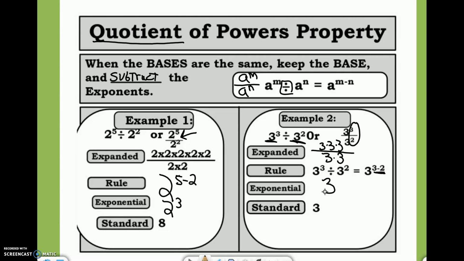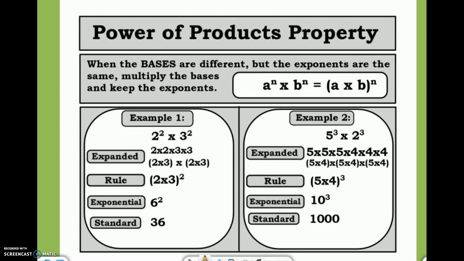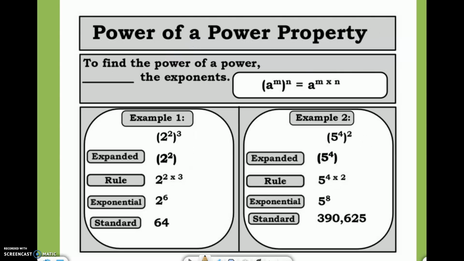And then our third rule is going to be a power of a, oh, I'm sorry, I want to skip this rule. Let's go to the next one, all right? We're not going to talk about that rule. We don't do that anymore. And the last rule is going to be called a power of a power, okay?